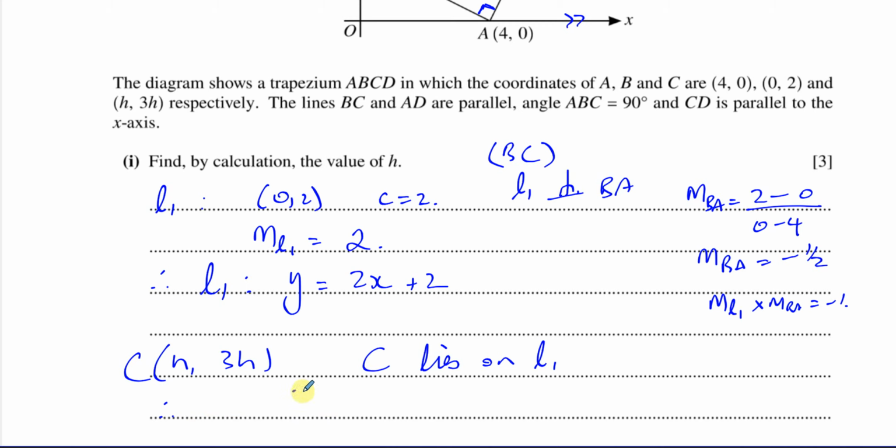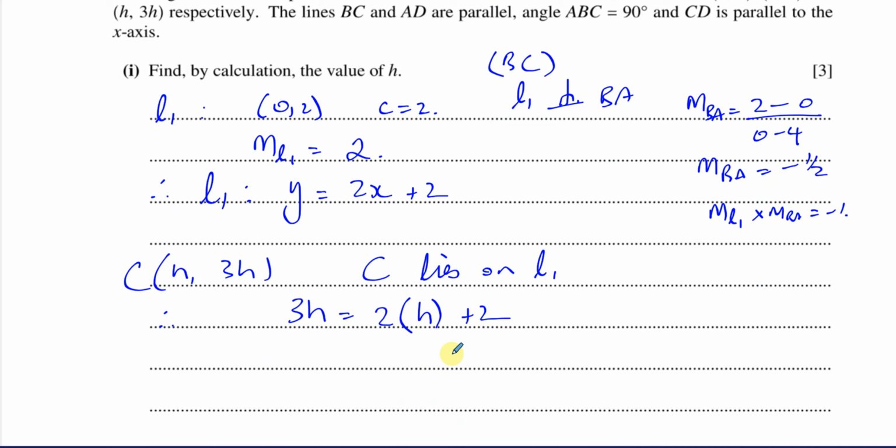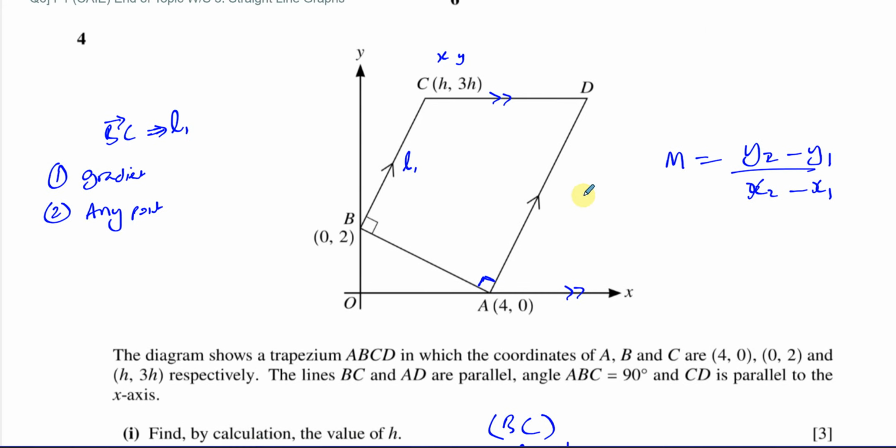I can replace the y with 3h and the x with h, and I end up with 3h equals 2h plus 2. 3h minus 2h equals 2. Therefore, h is equal to 2. So I found the value of h, and the coordinates of C are (2, 6).